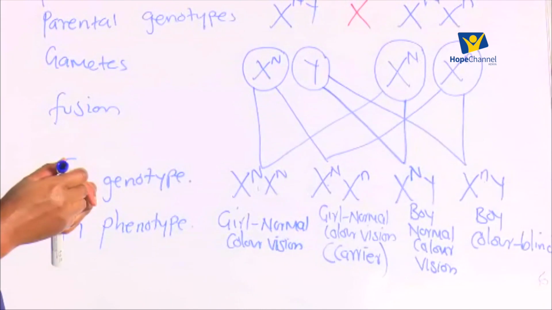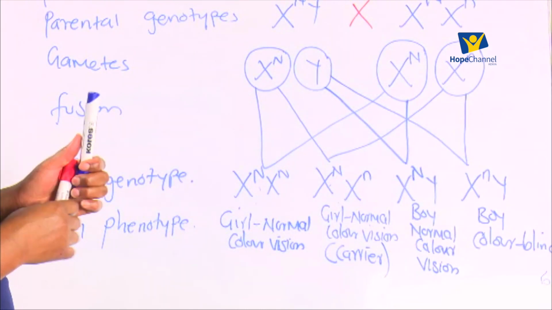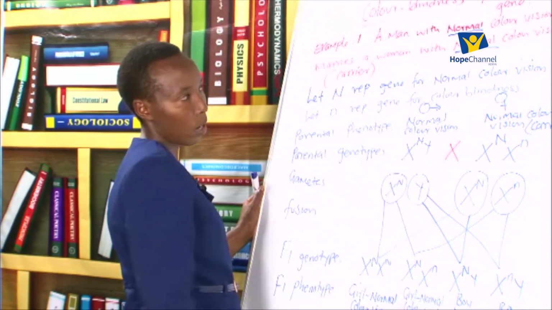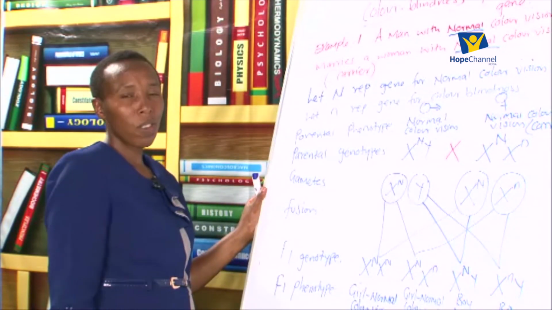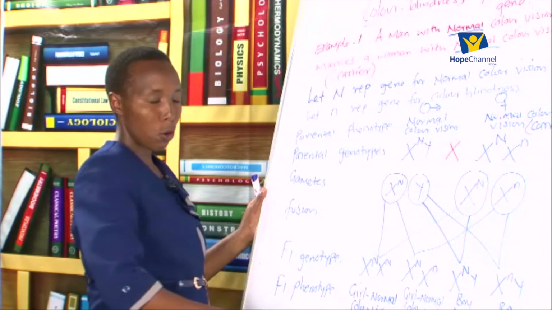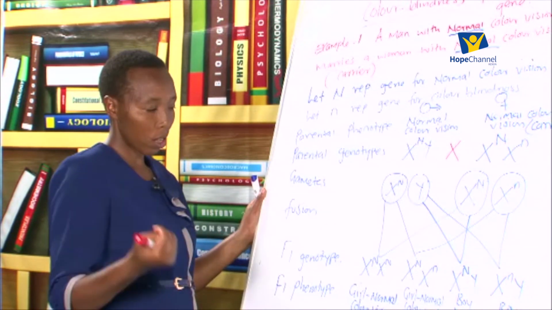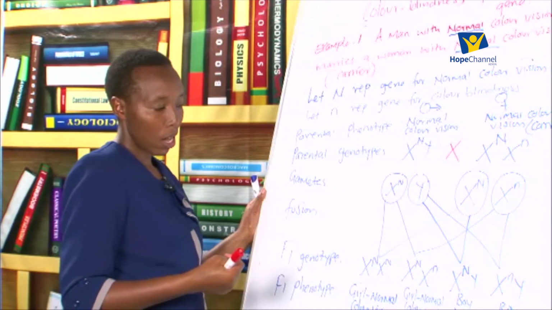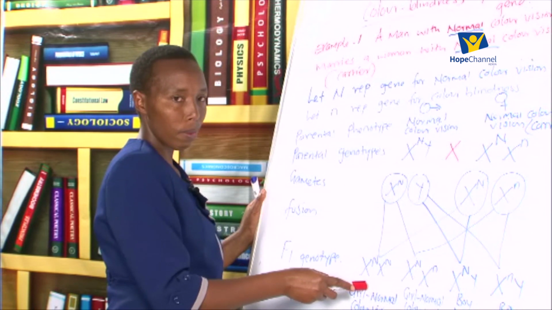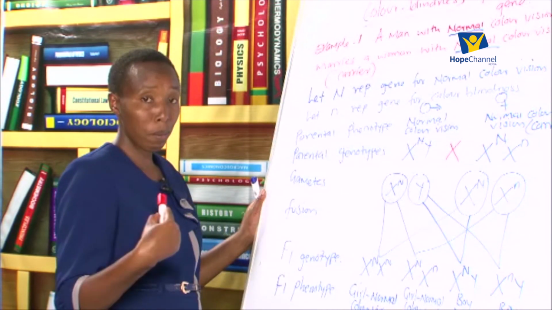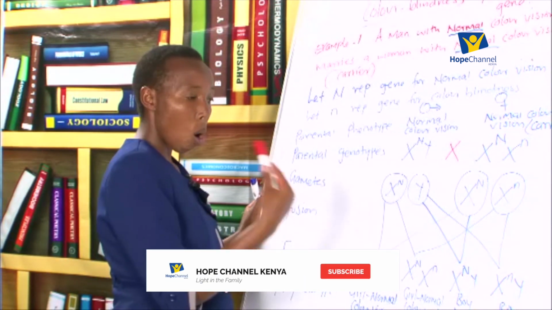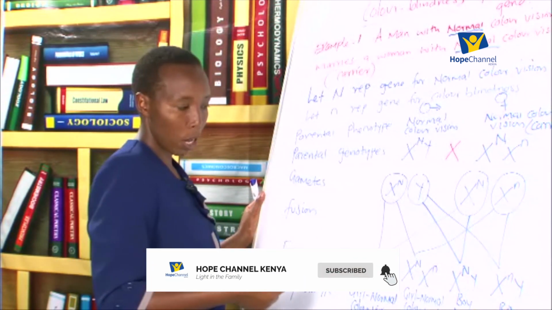Now, these people, when they got married, all of them had normal color vision. Then maybe, because there are chances, these ones we call probability, that during fertilization, there are 4 chances that either you get a girl, 2 girls, and both of them have normal color vision, although one is a carrier, or you get a boy.